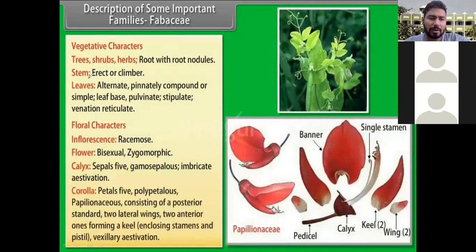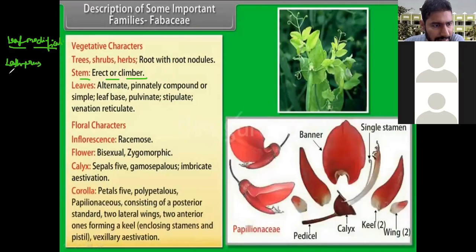Stem, erect or climber. It may be erect or climber, and we have to see the modification, which is of the leaf. This is the leaf modification. This type of leaf tendril is found in the Papilionaceae, that is Lathyrus odoratus.